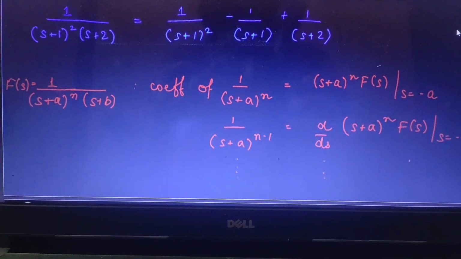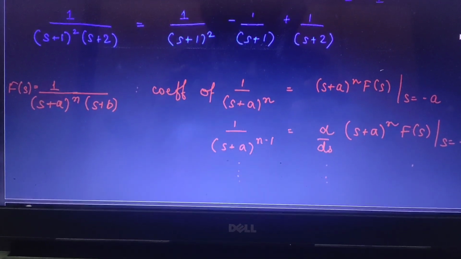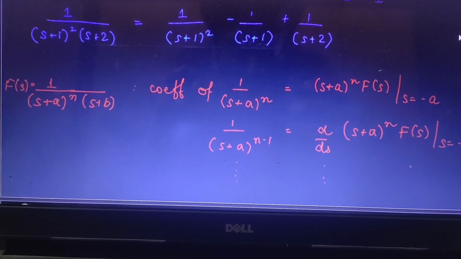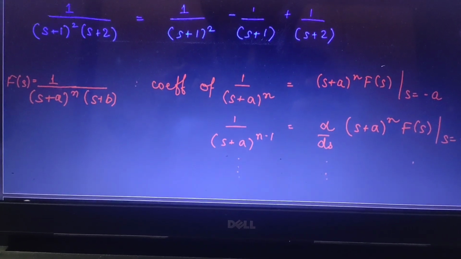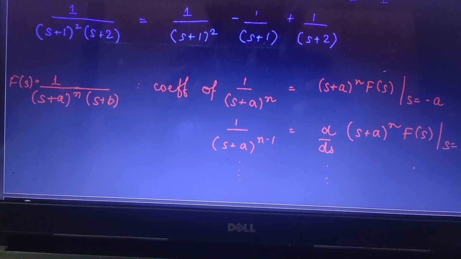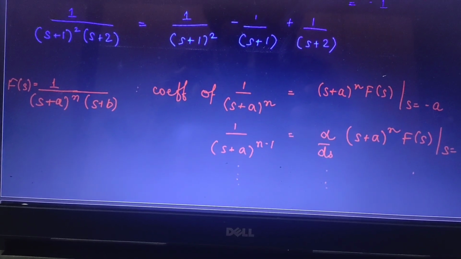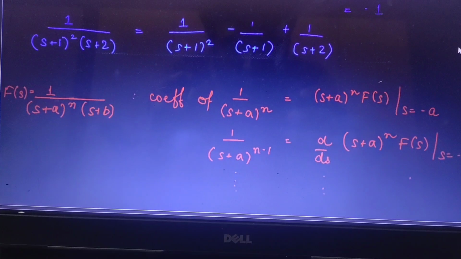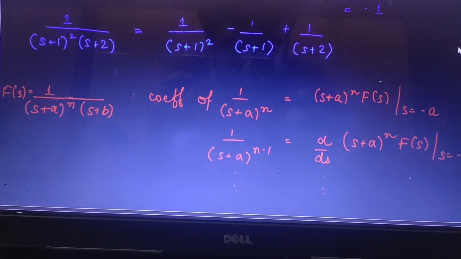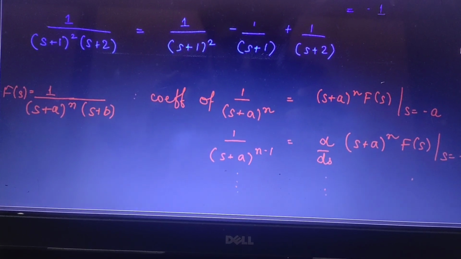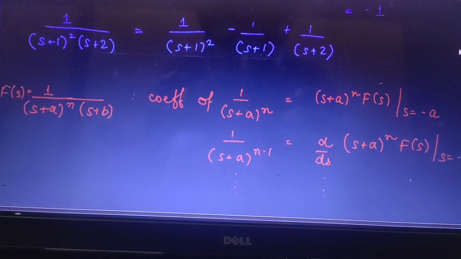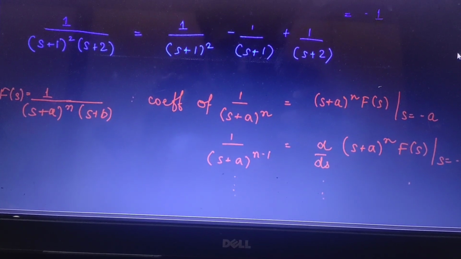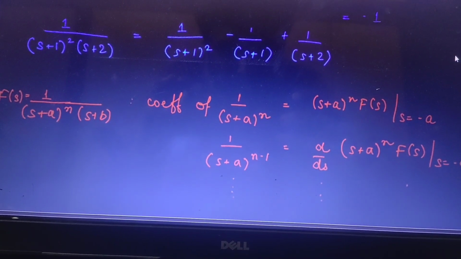To find the partial fractions by using Laplace transform, use this formula. In this, F of s is given as 1 by (s plus a) whole power n into (s plus b). So to find the coefficient of 1 by (s plus a) whole power n, write (s plus a) whole power n into F of s as s tends to minus a.